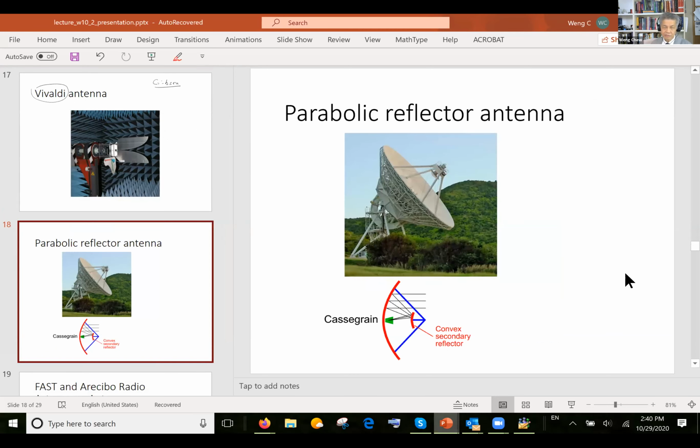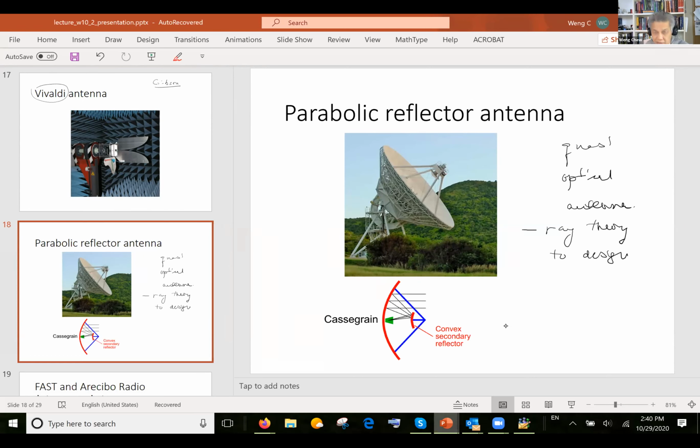And another way of making antenna is called a reflector antenna. This is a reflector antenna of the Cassegrain design. And these are called quasi-optical antenna. And you use ray theory to design them.